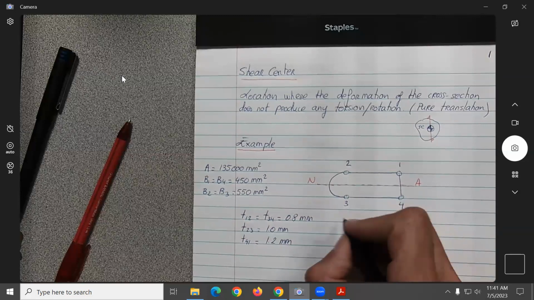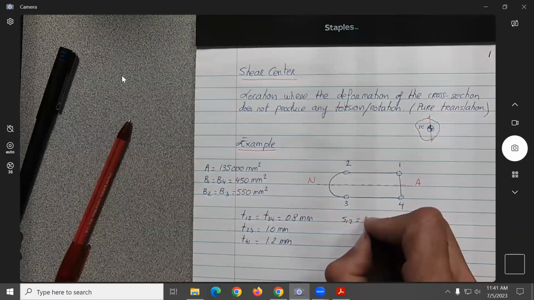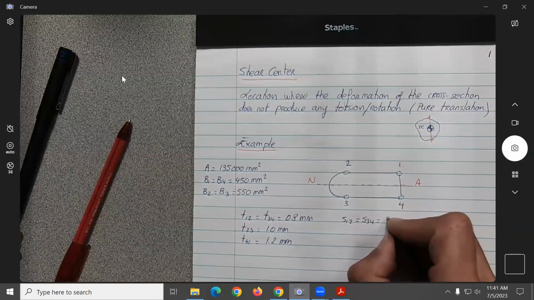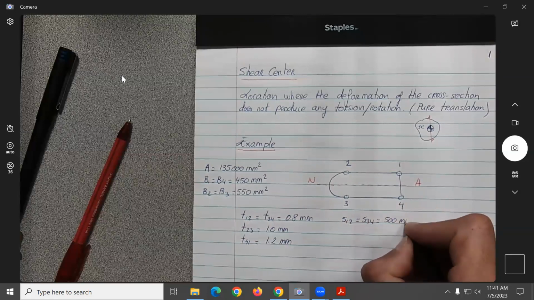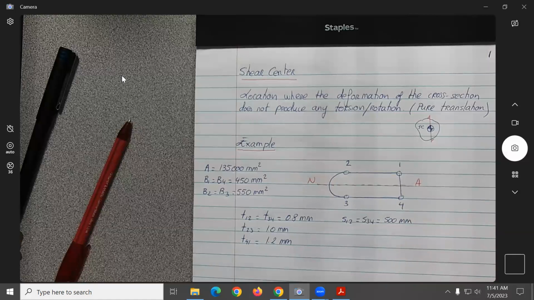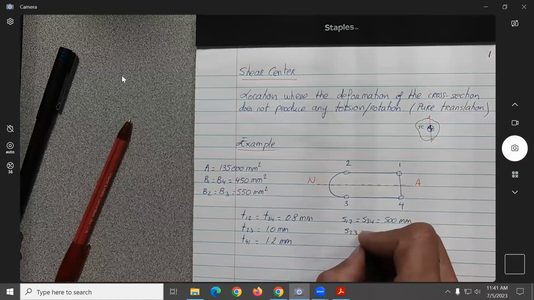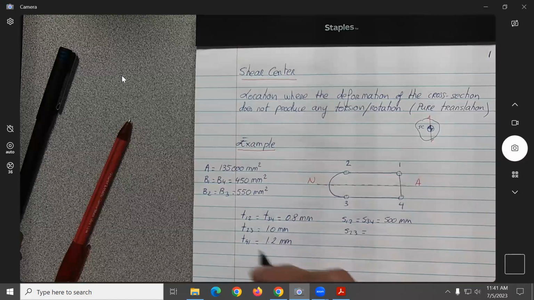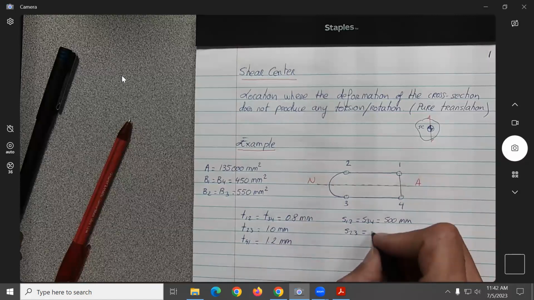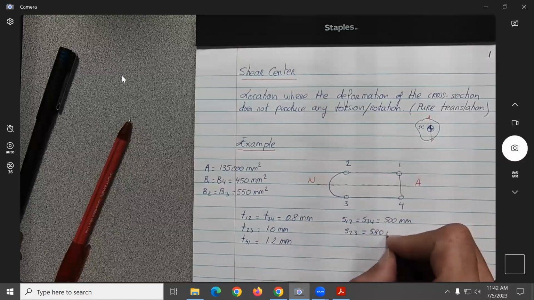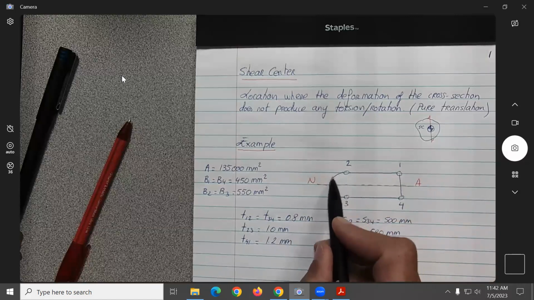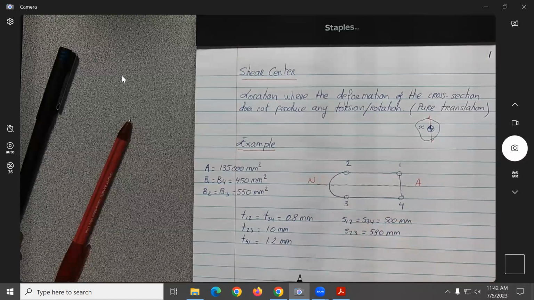And then we know the distance S12 equal S34 equal to 500 millimeters. Distance S23, so is the arc, would be 580 millimeters, so it should be the half perimeter. And S41 or 1,4, obviously that one is equal to 200 millimeters.